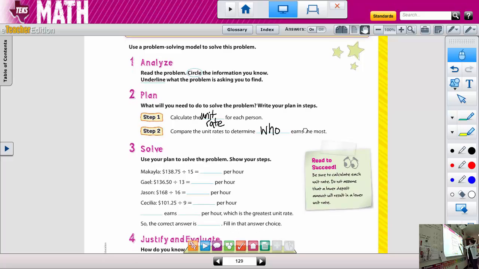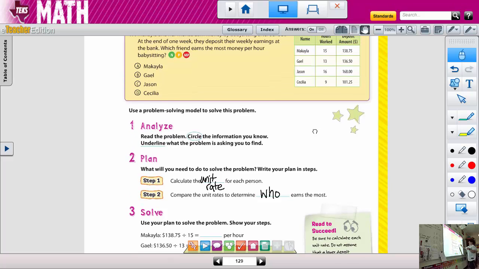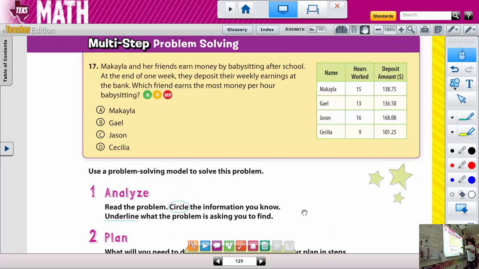Alright, step 3. Use your plan to solve the problem, show your steps. Look, it has it written out. So, Michaela is this much divided by 15, because Michaela earned 138.75 right here per hours. So I need to work all that out down here.